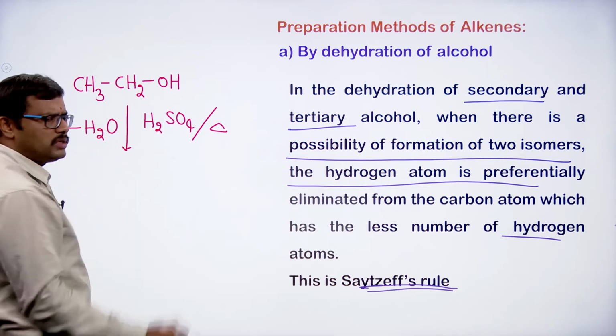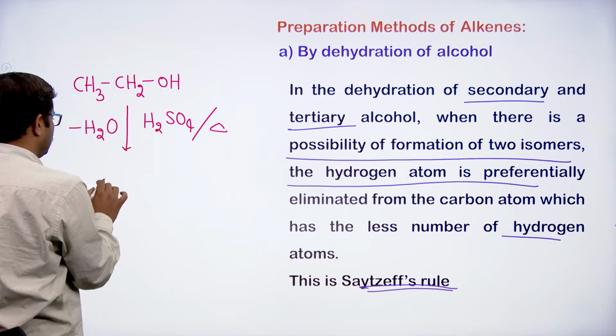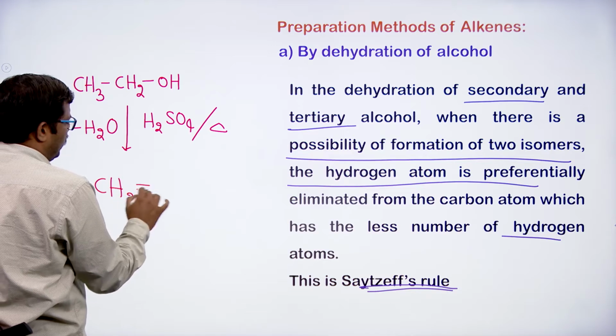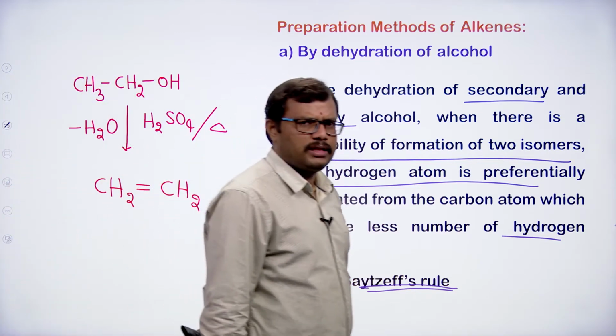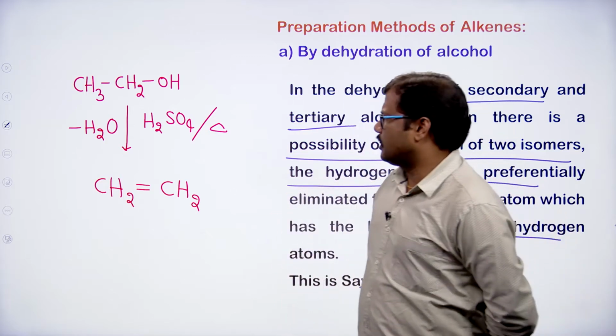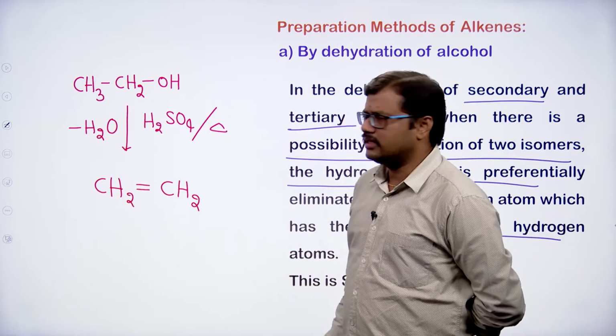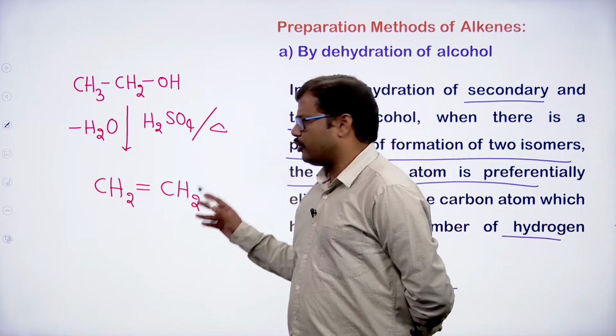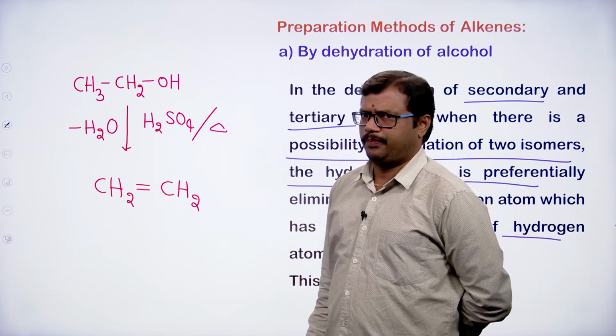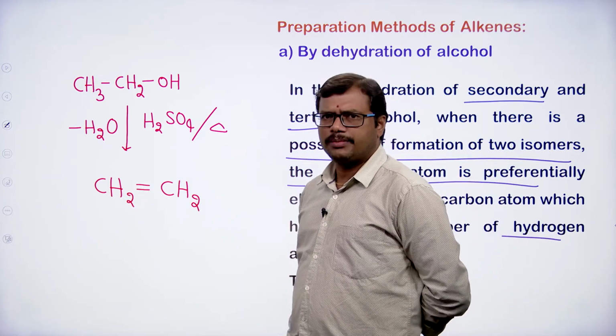One carbon atom loses the OH group, the other carbon atom loses the hydrogen, and thereby we get the corresponding alkene, ethene, as a product. Ethyl alcohol on reaction with sulfuric acid under heating conditions loses a water molecule and produces an alkene. Ethene is obtained as a product.